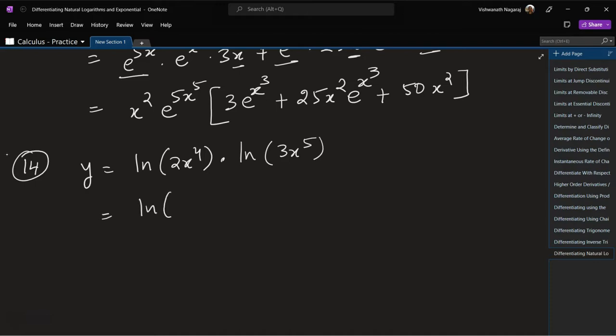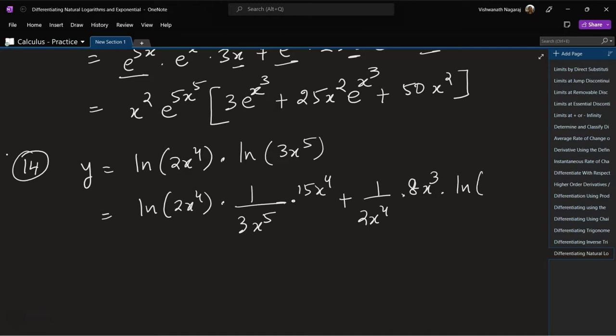So natural log of 2x to the 4 as it is, then the derivative of this gives us 1 by 3x to the power of 5 times 15x to the power of 4 plus, now the derivative of the first, that gives us 1 by 2x to the 4 times 8x cube times the natural log of 3x to the power of 5 as it is.